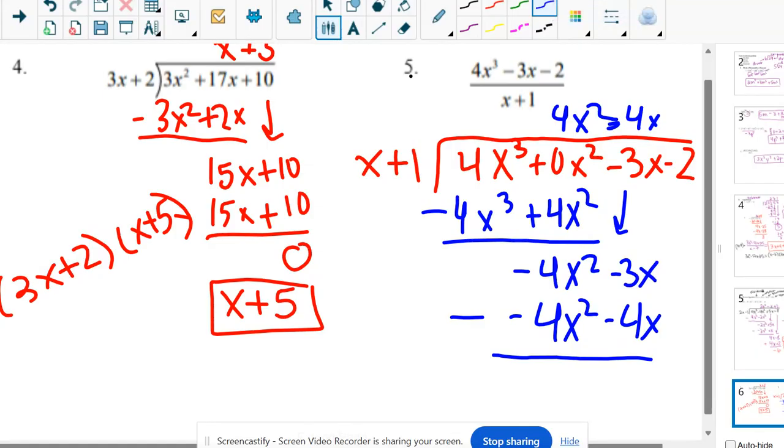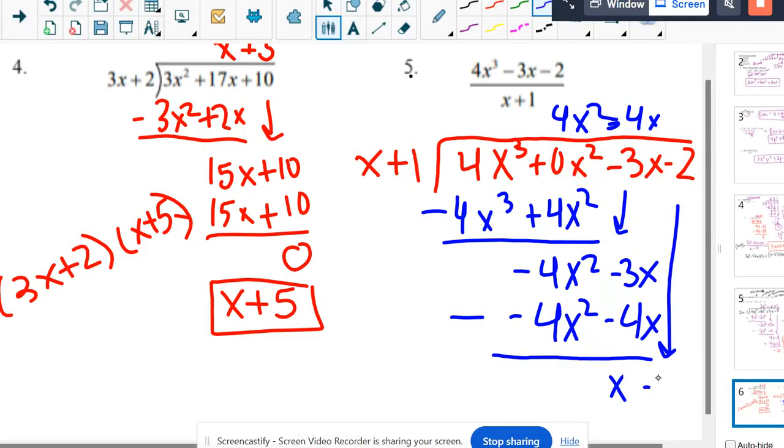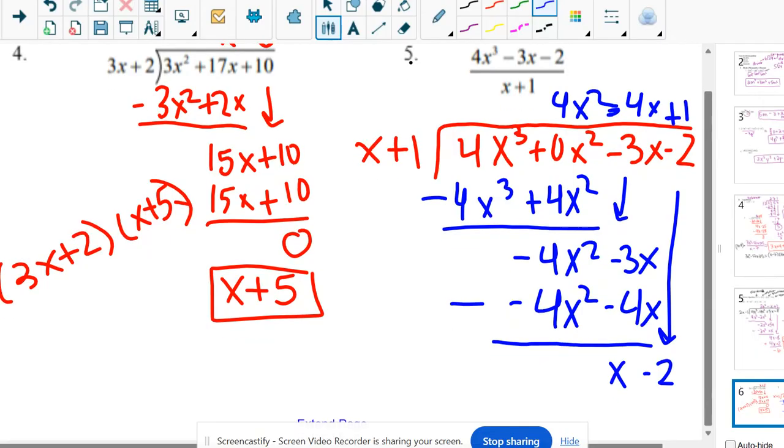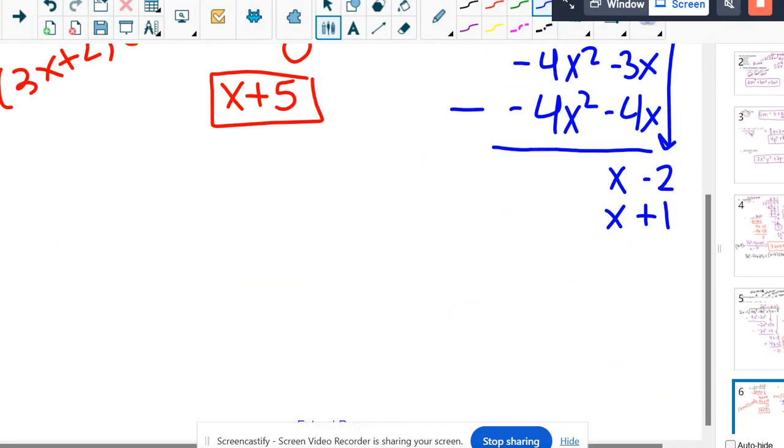Raise your hand. Mason, just x, right? Not negative x. And then you bring down the negative 2. Is that minus 4x? Yeah. This is minus 4x. Okay, so how many times does x go into x? Once. So you write plus 1 at the top. And then you multiply 1 with that, and you get x plus 1.